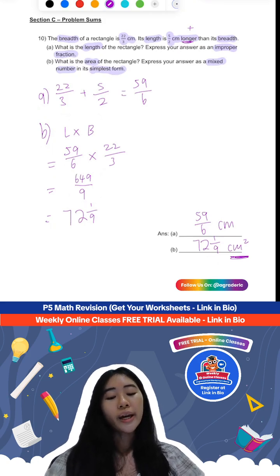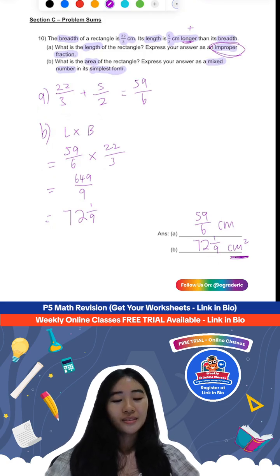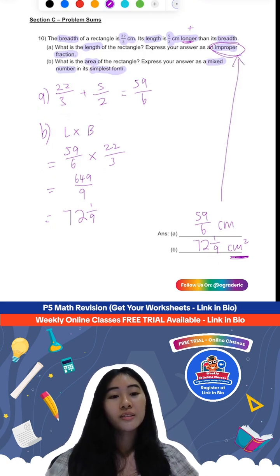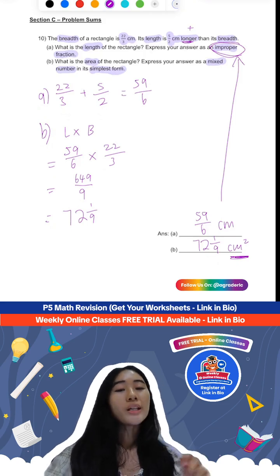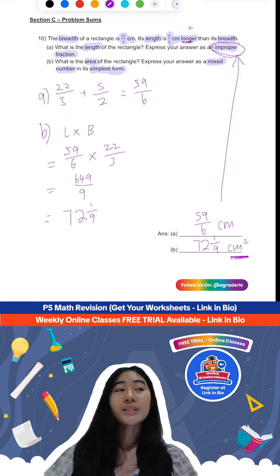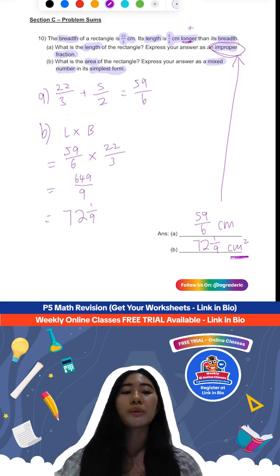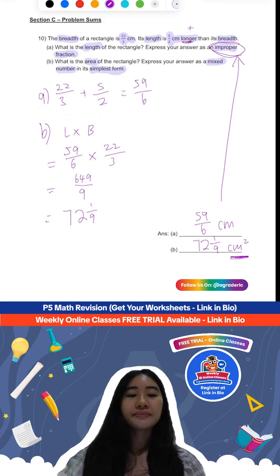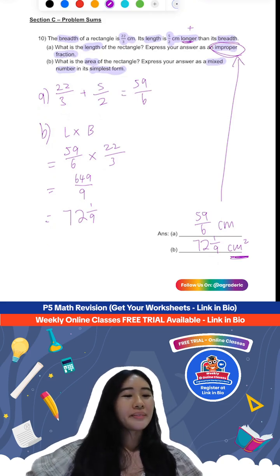Because for A, didn't the instructions already say give your answer as an improper fraction? So usually you will give it in terms of a mixed number, but because this question specifically wants it as an improper fraction, that's why. Read the instructions carefully.